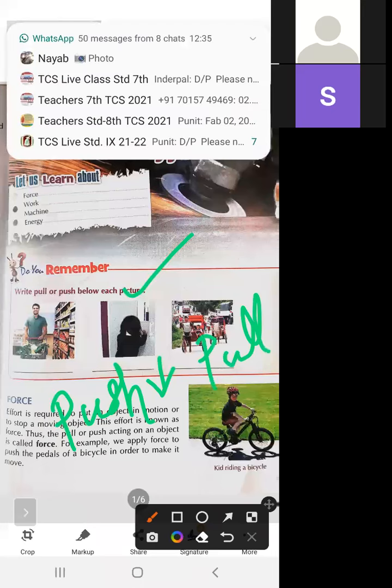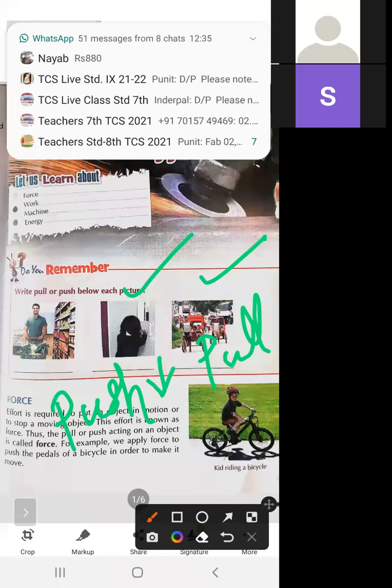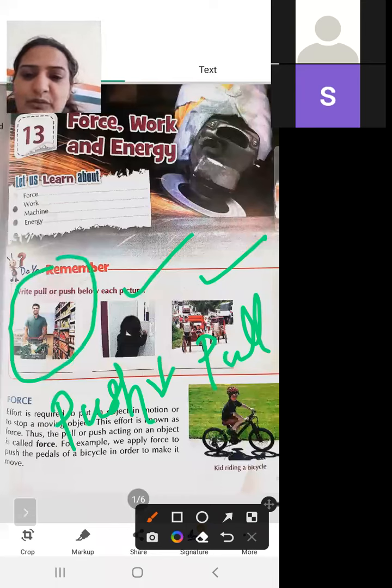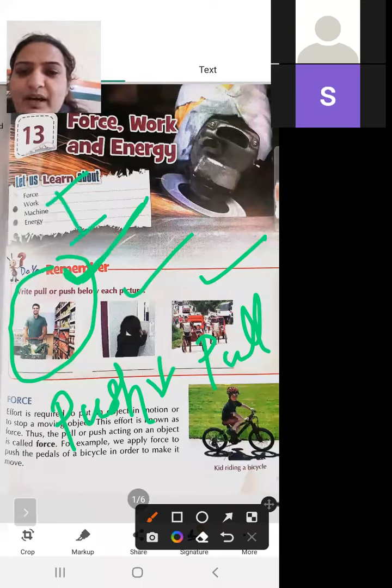So this is pull. The third picture is pulling the cart, and in the second picture she is pushing the wall, and this picture is an exercise for you. You have to write pull or push in picture number 1.